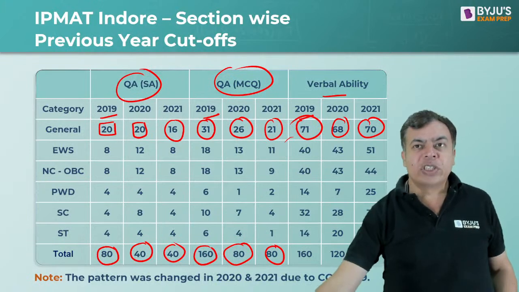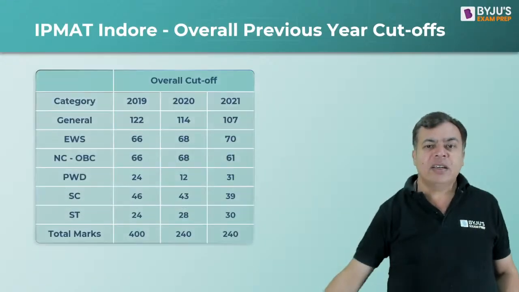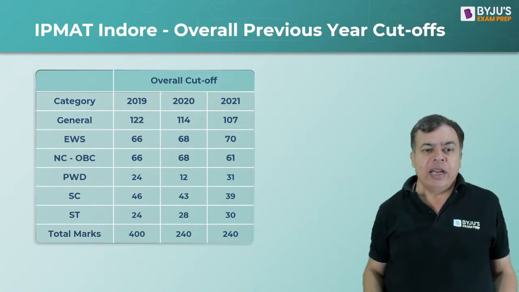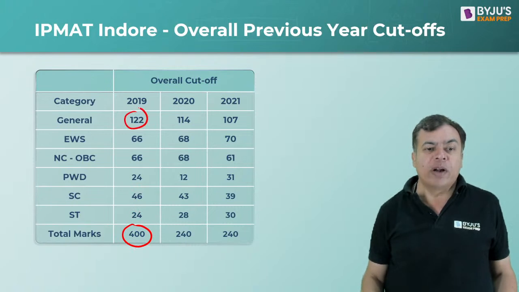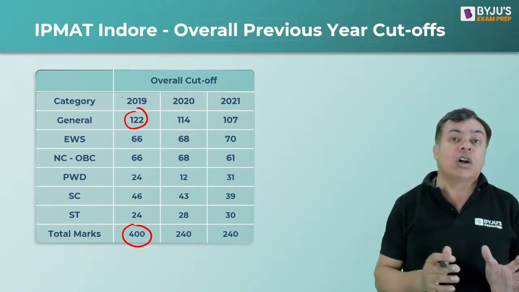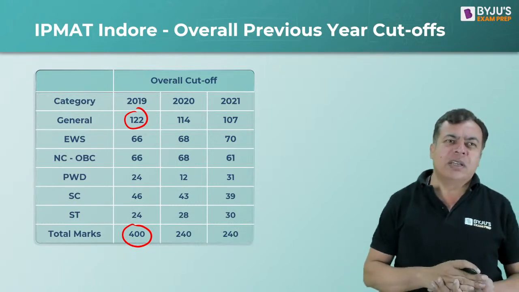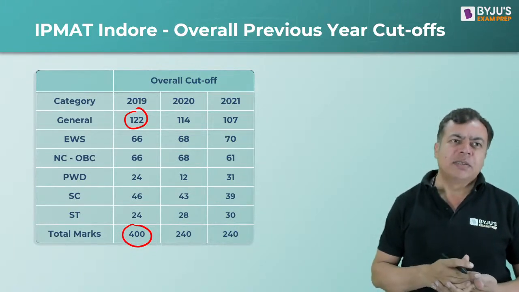And if you see the pattern, the previous year overall cutoff, right? You can see that in 2019 out of 400, it was only 122. You can see that overall cutoff was 30% something, right? 30%, 30.5% to be precise.